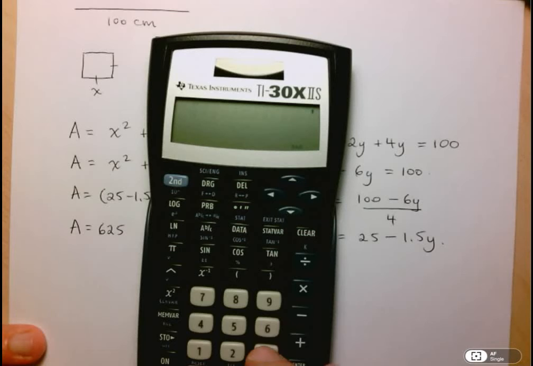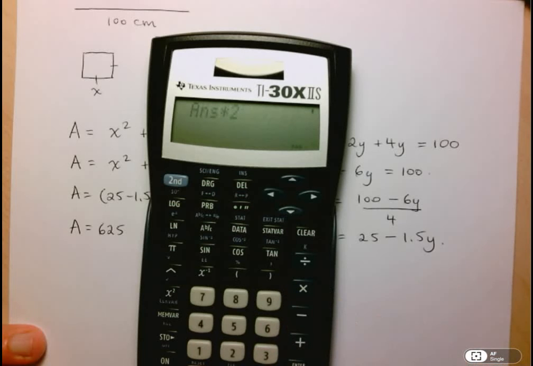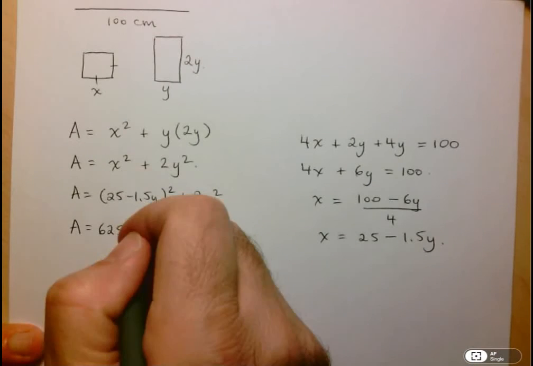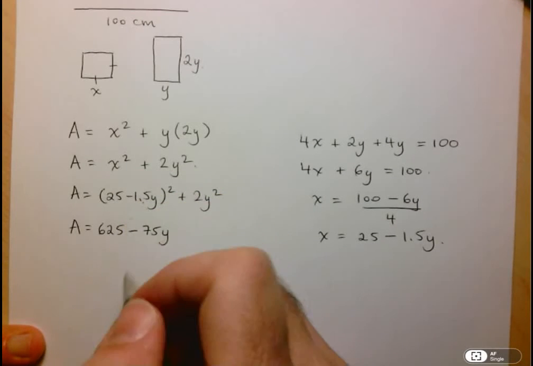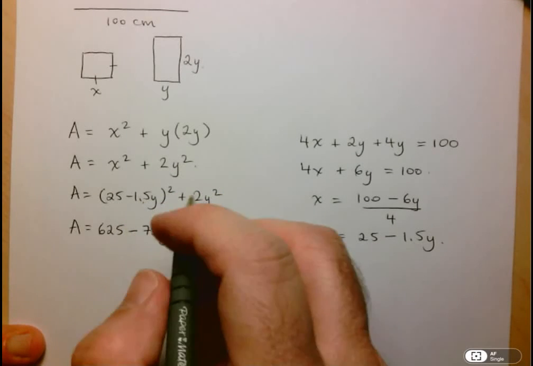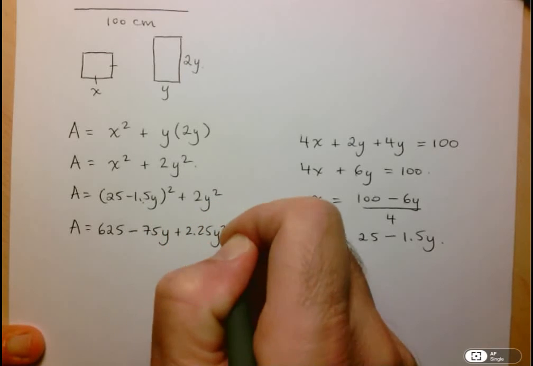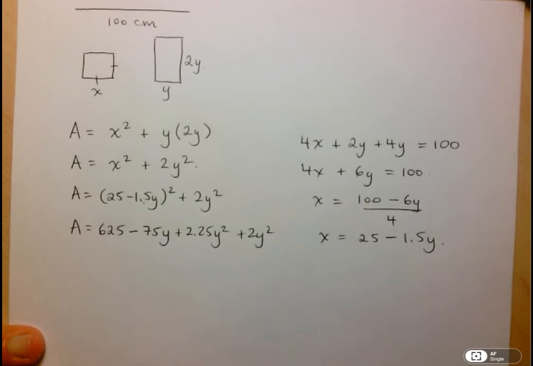Let's just check it: 25 times 1.5, yep, 37.5. And then, of course, times 2, so our middle term is going to be 75, so minus 75y. And then the square of the last: 1.5 times 1.5 is just 2.25y squared. And then, of course, we still have the 2y squared from before.